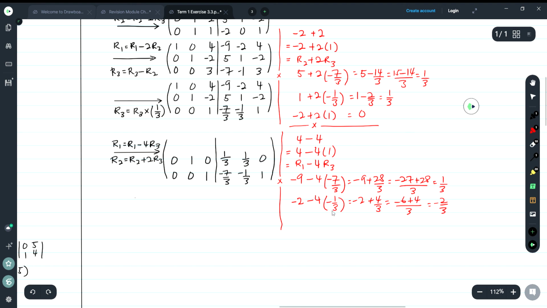R3 is minus 1 over 3. So we use the same formula. Simplify, we get minus 2 over 3. Then for this element, R1 is 4. R3 is 1. So 4 minus 4, 0.